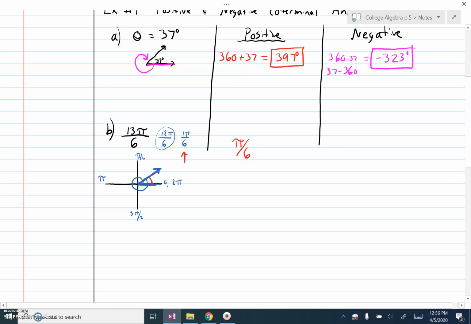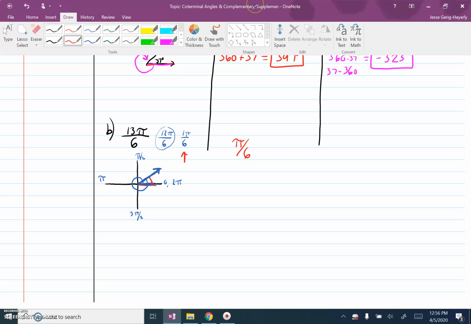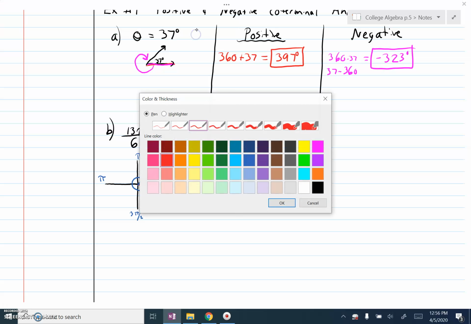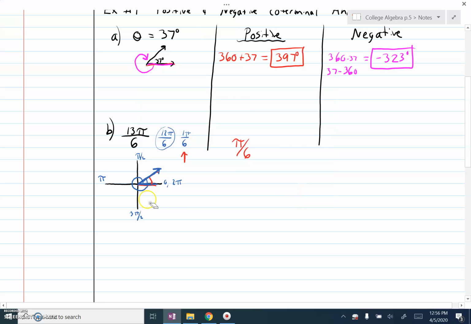The negative one would go the negative direction. So I'll do that one, and again, back in pink here. For this one, I have to start here at this side again. I'm going this way, and I have to stop at this spot. So again, the entire way around is 2 pi.